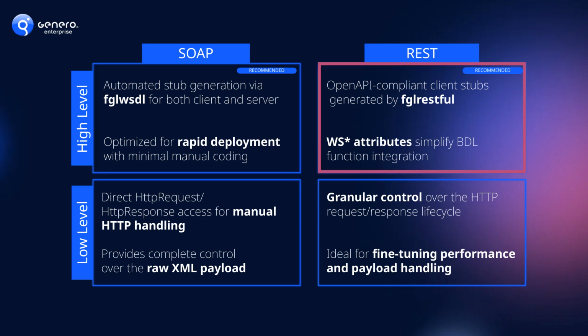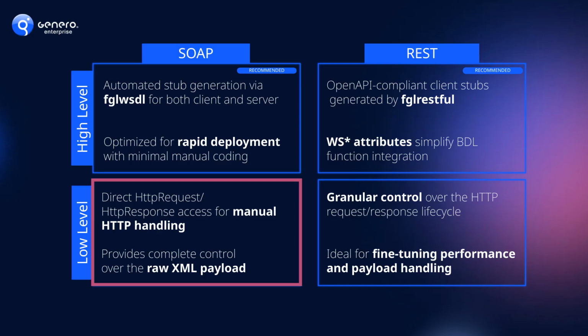For REST, the high-level framework follows the Open API standard, and a tool called FGL RESTful generates Open API compliant stubs automatically. WS attributes let you integrate directly into your BDL functions with very little extra code.